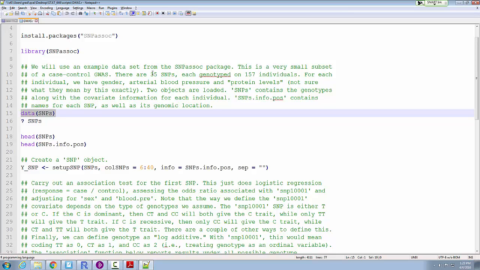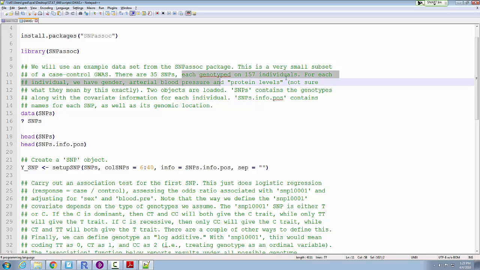We only have 35 SNPs, so obviously not nearly as many as you'd have in practice. For each of the SNPs, we have genotypes for 157 people. For each individual, we also have some covariates. We have gender, arterial blood pressure, and something that is called protein levels, but I'm not sure what it actually means.